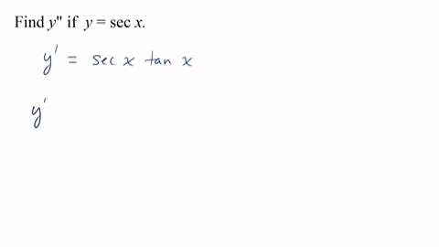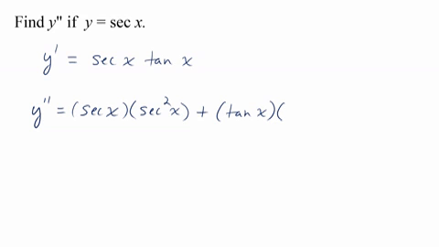So the second derivative would be first function secant x times the derivative of the tangent function, and the derivative of tangent is secant squared x, plus the second function tan x times the derivative of the first function, and the derivative of secant is secant x tan x.